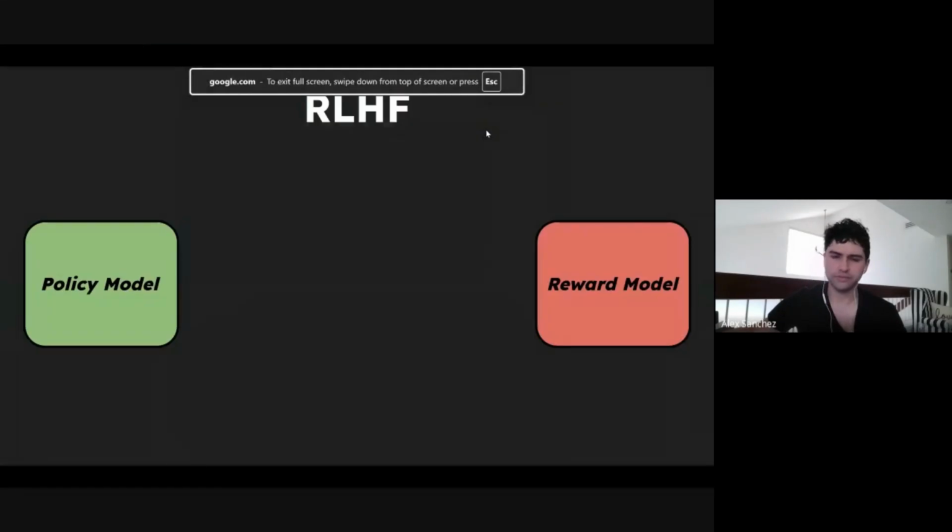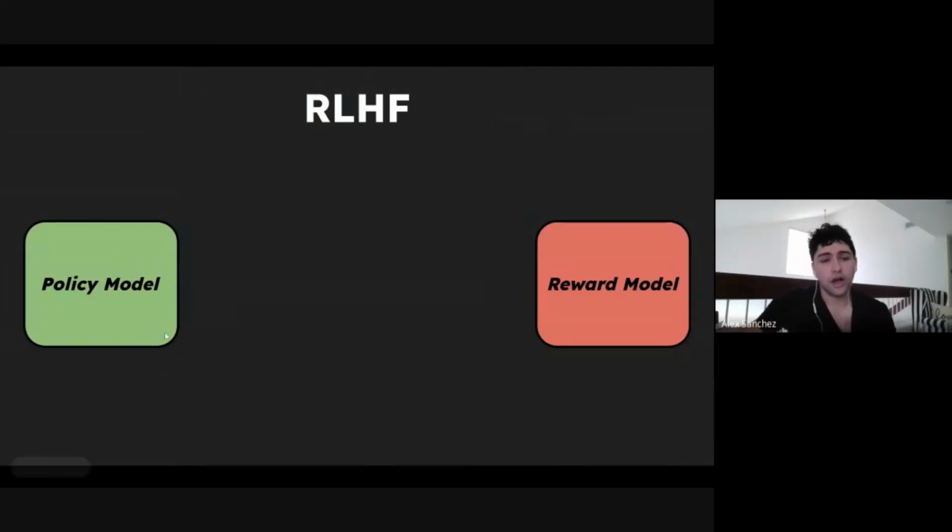Why is this important here? Our reward model is literally a copy of our policy model, except we take off that last layer. If you think about what a transformer is, the final layer is of size vocab size, the size of your vocabulary. That is the output of our transformer. Why?